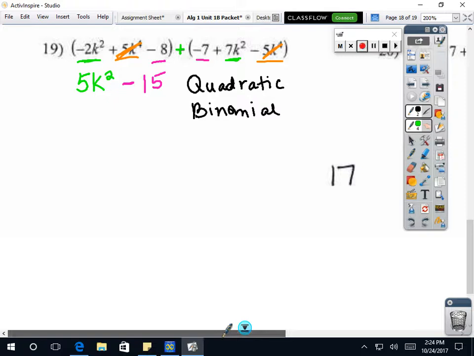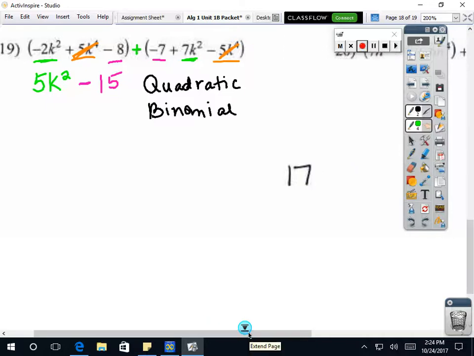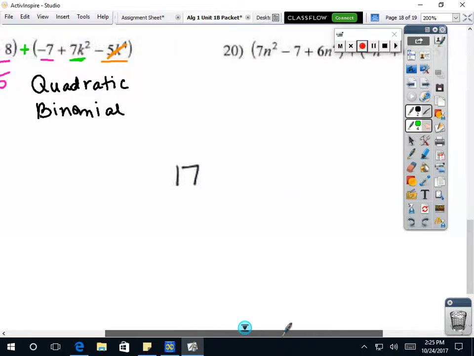Degree 1 is linear. Degree 2 is quadratic, and degree 3 is cubic, and degree 4 is quartic. After that, there are special names, but I'll just allow you to say degree 5, degree 6, whatever. You're not going to see many of those anyway on your work.